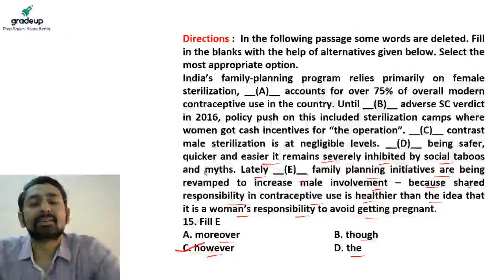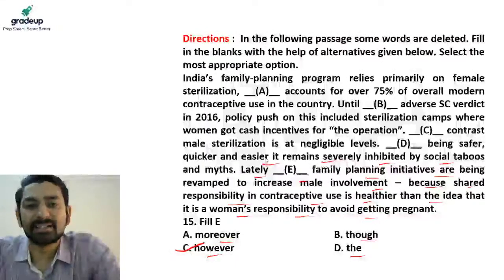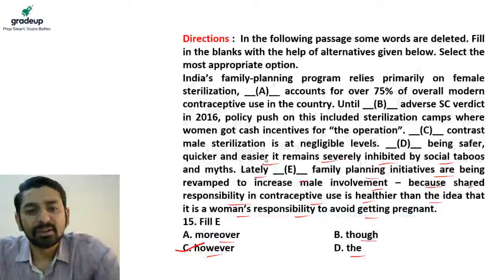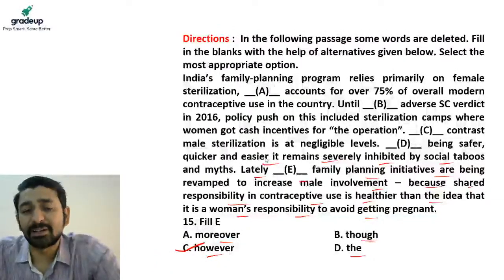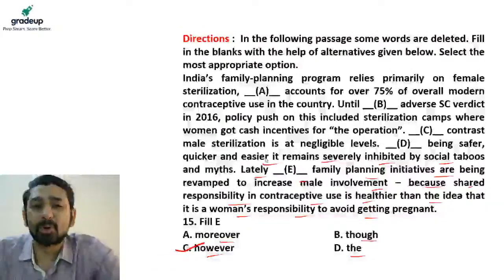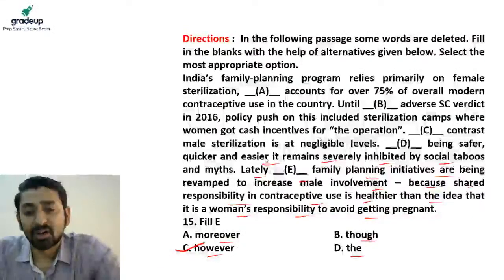The concluding sentence says, लेकिन क्या हो रहा है, फिर भी लेकिन आजकल फैमिली प्लानिंग इनिशिएटिव्स को रिवैम्प किया जा रहा है. It's being made better, it's being improved. So that's the reason it is a shared responsibility in contraceptive use. A shared responsibility means males and females both should be proactive in going in for contraception, if needed accordingly.